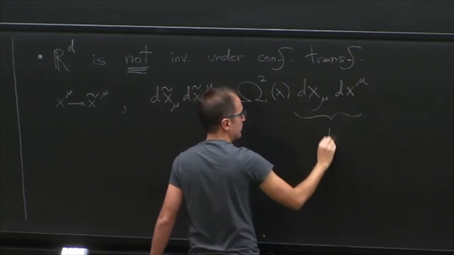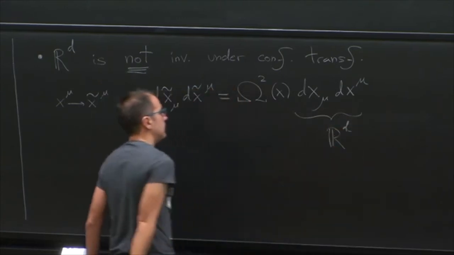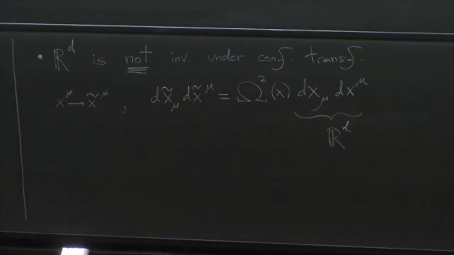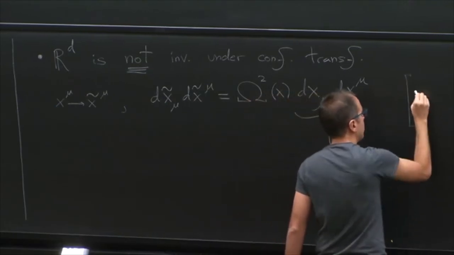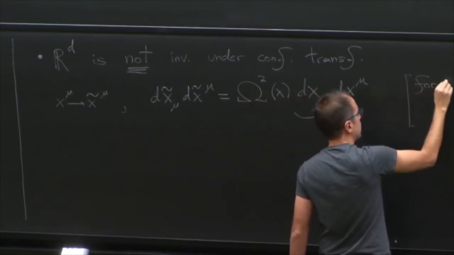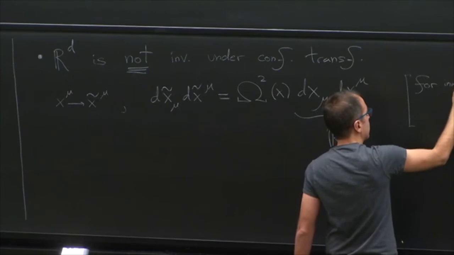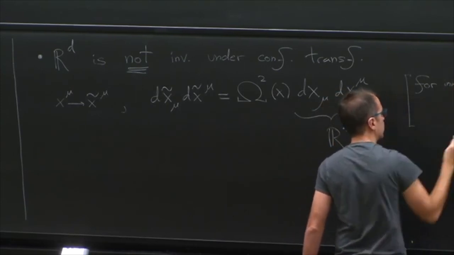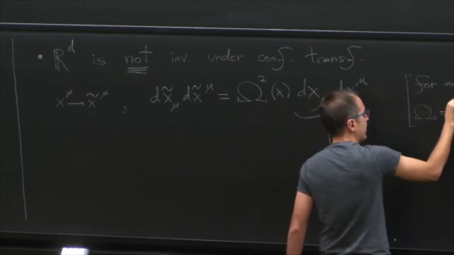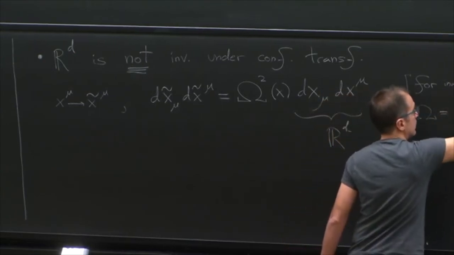Right? And we saw a couple of examples. For example, for an inversion, where x tilde is x over x squared, this omega factor is 1 over x squared.